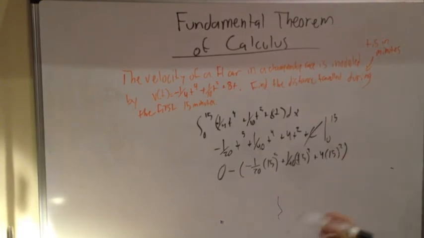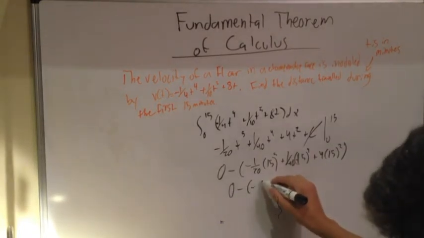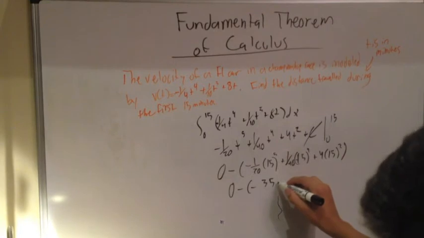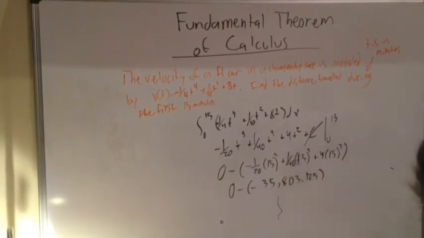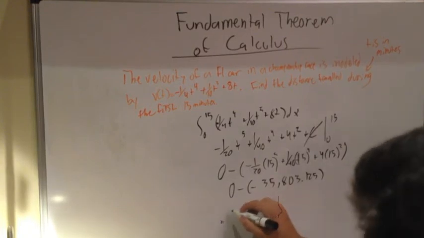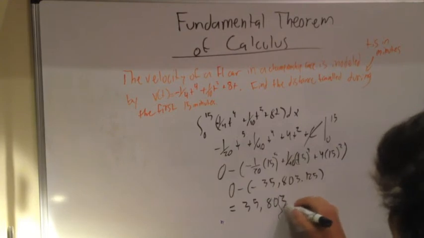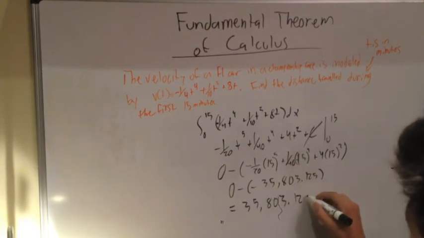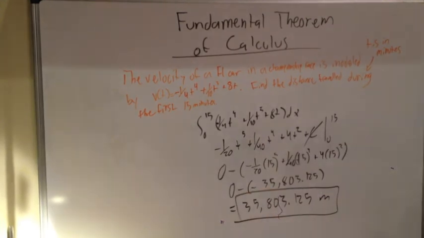If you simplify this, you end up with 0 minus 35,803.125. So the answer is 35,803.125 meters traveled during the first 15 minutes.